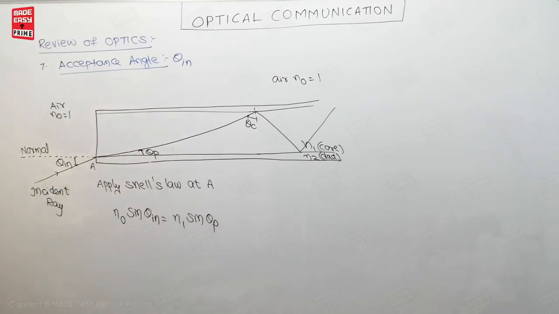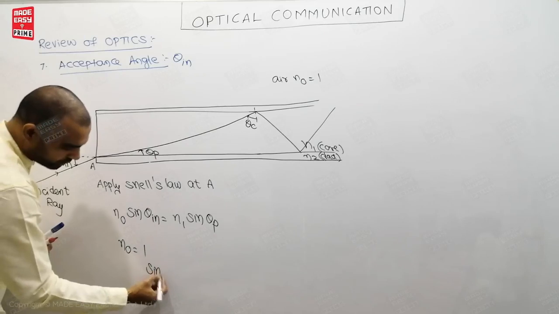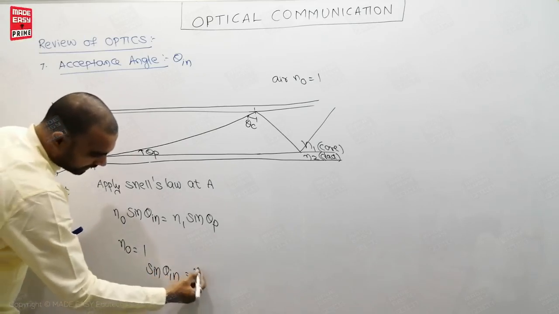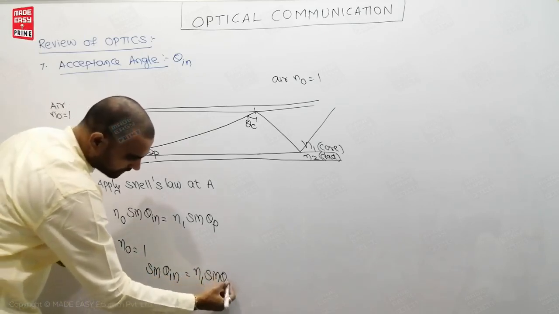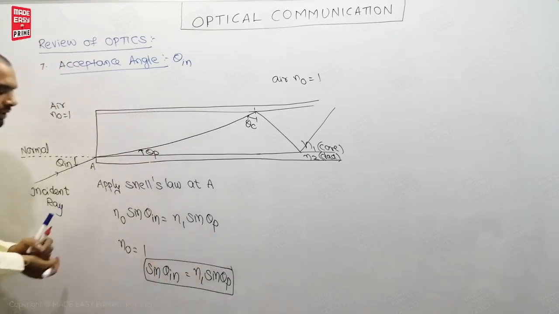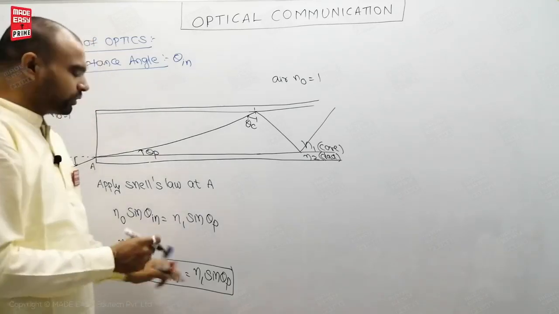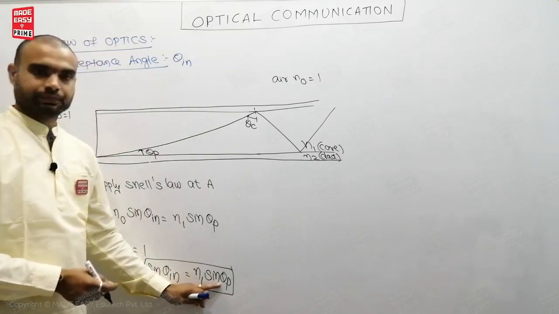Your N0 value is equal to 1. So sine theta in is equal to n1 into sine theta p, which is one formula for the acceptance angle, and it depends upon the critical propagation angle.